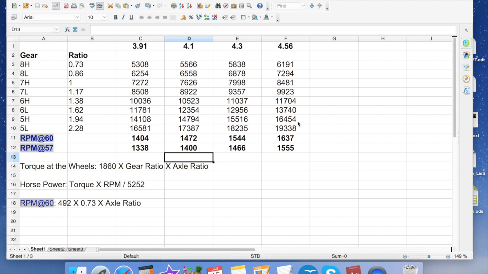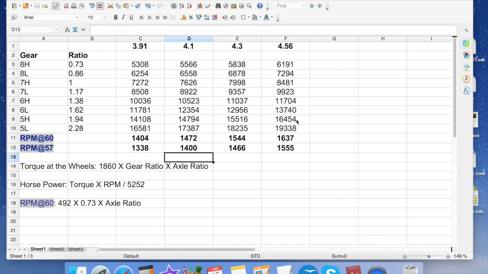So you do gain enough torque, but all you get is just half a gear, because to go to, let's say, 6 low, you see here, even with 4.56, you only have 13,740 torque, while you need this in order to gain 1 full gear. So you only gain half a gear.